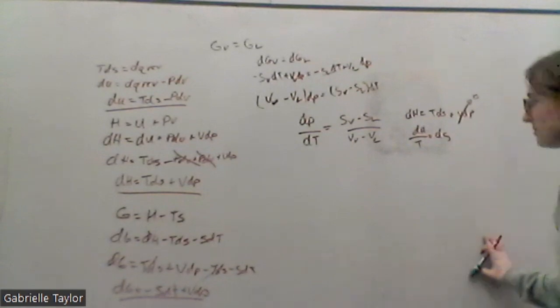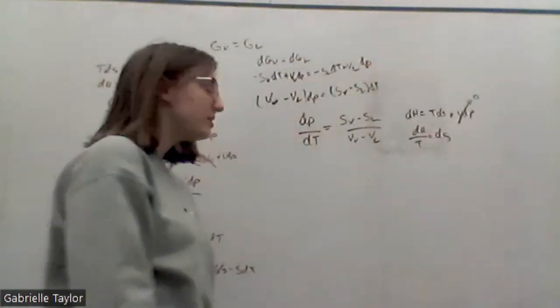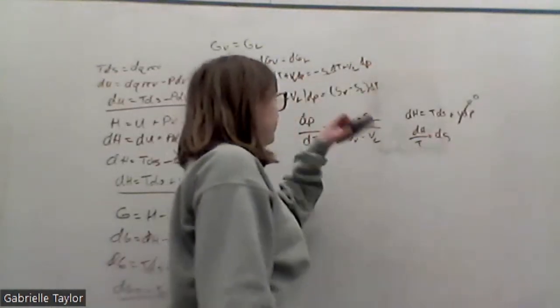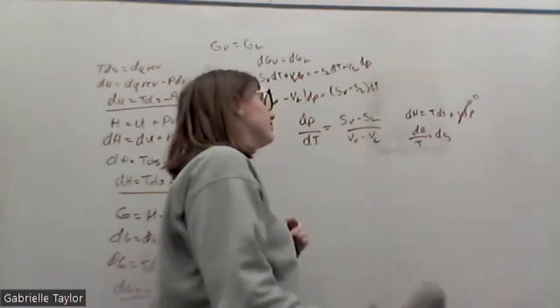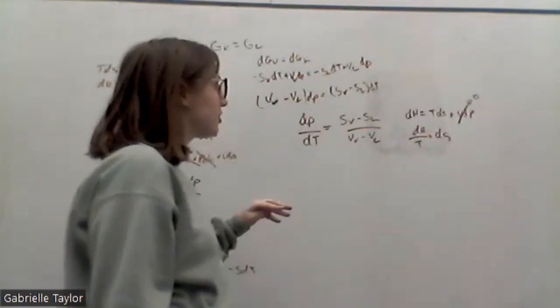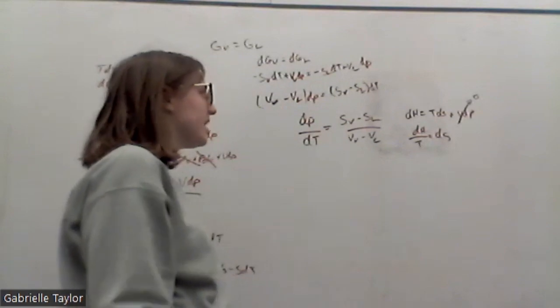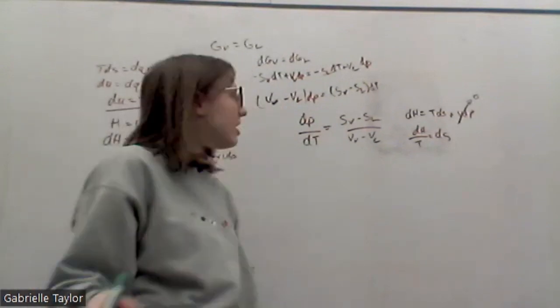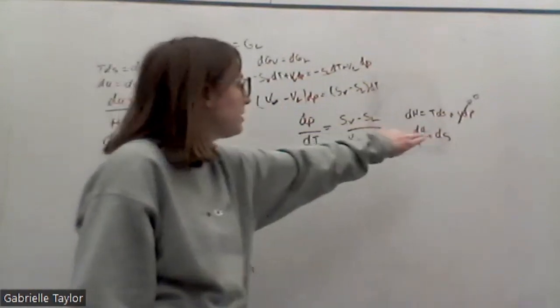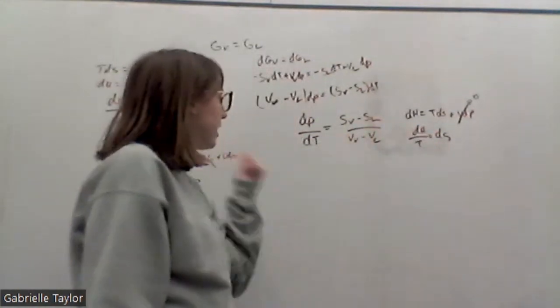So now we know this. Looking at our equation, we can see it's the entropy of the vapor minus the entropy of the liquid. So that is the differential amount of change of our entropy, and we can plug this in here and we'll get our equation.